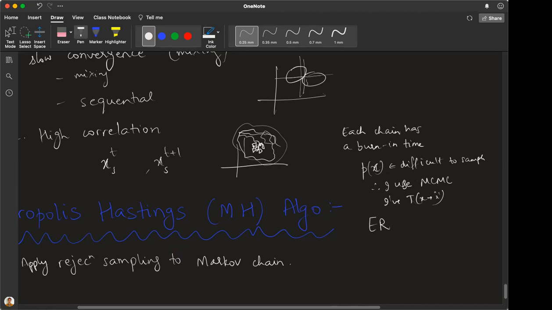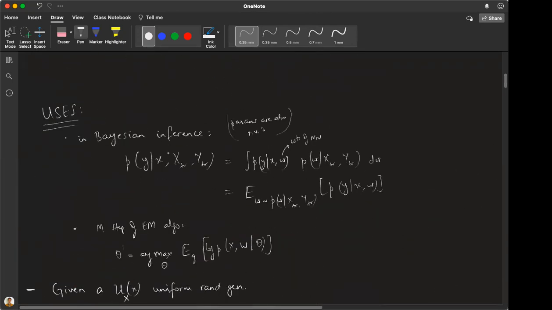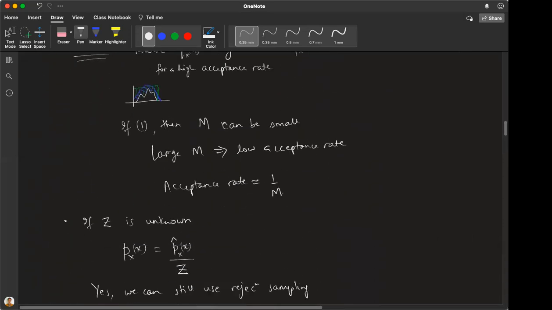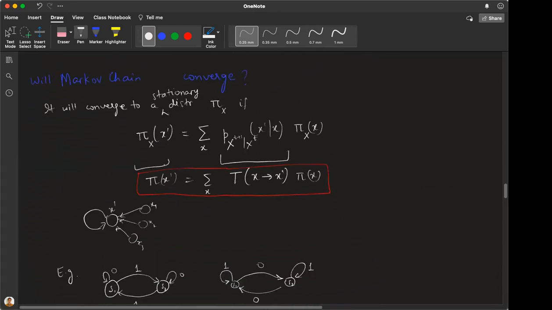Ergodicity means my temporal distribution and spatial distribution are the same. Right? Which essentially means this property is satisfied.